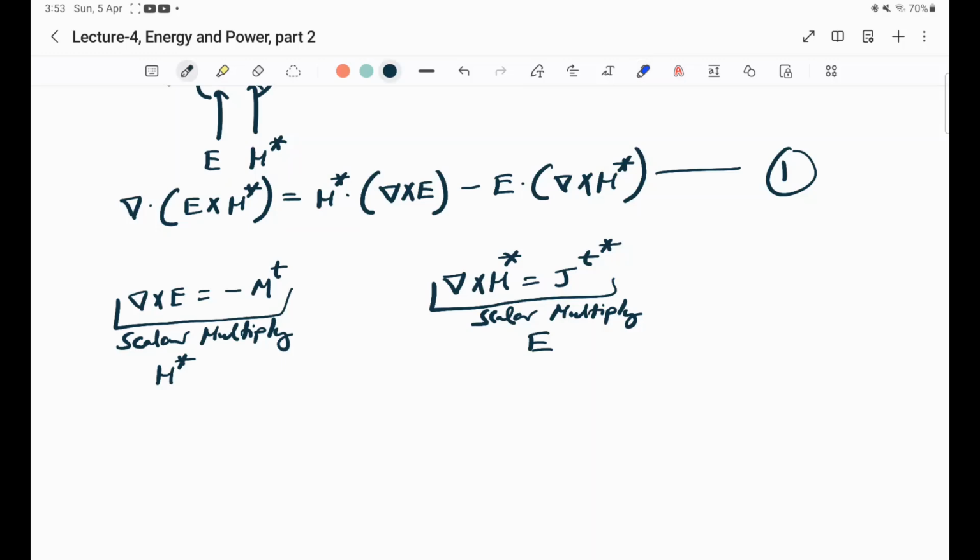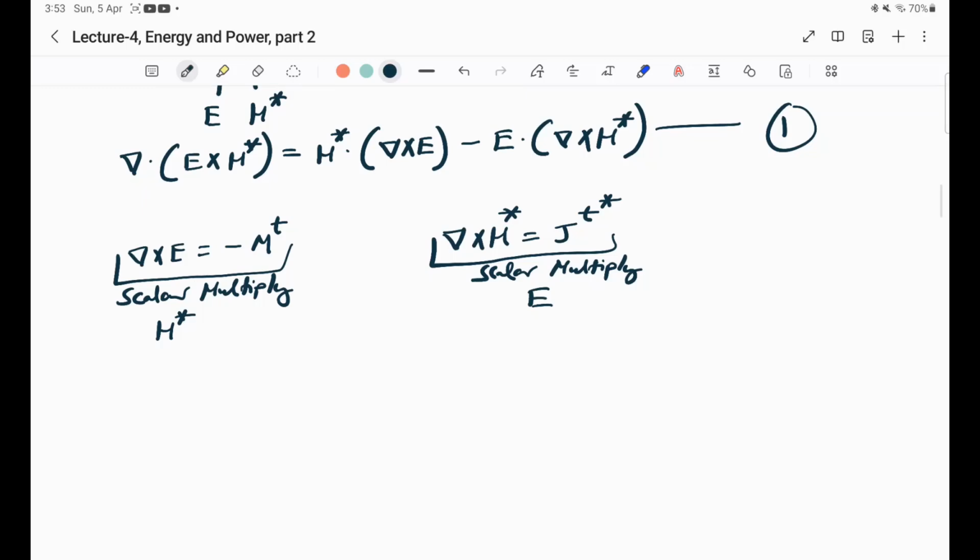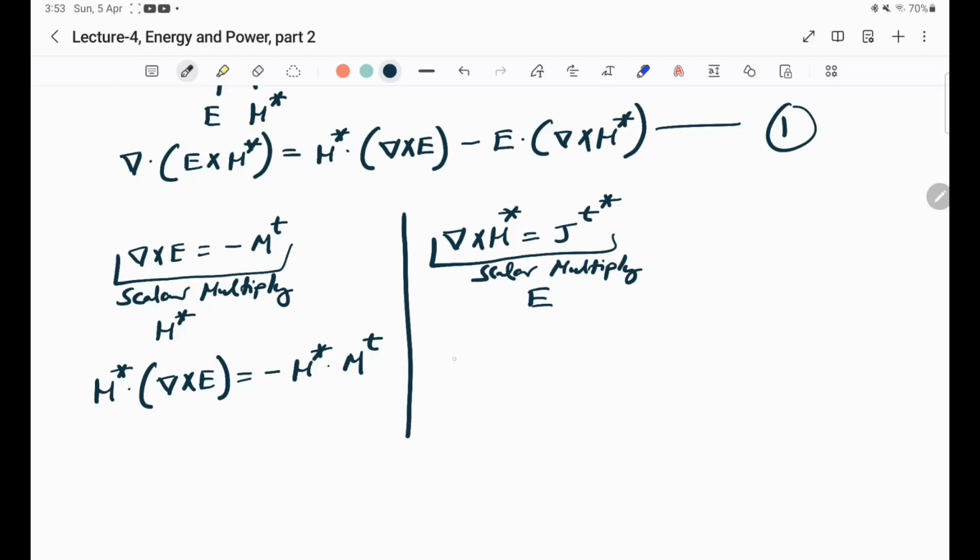Alright, now when we do this, what we will get? We will get H conjugate dot del cross E is equal to negative of H conjugate dot M total, and here we will get E dot del cross H conjugate is equal to E dot J total conjugate.